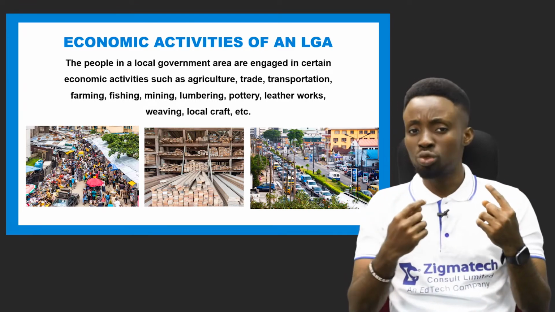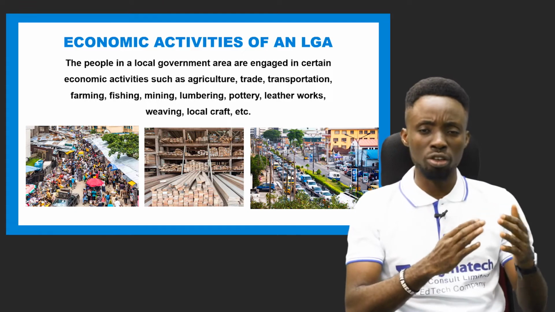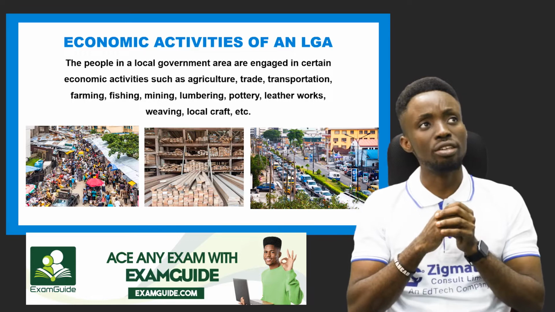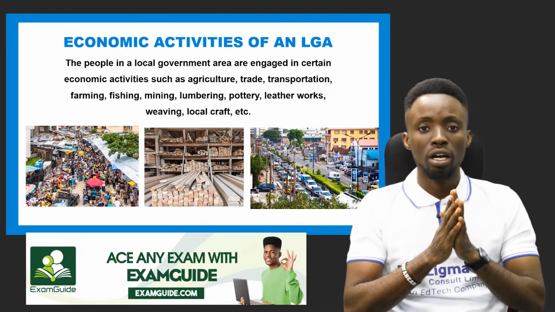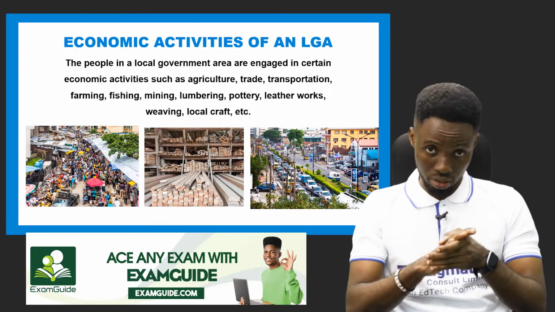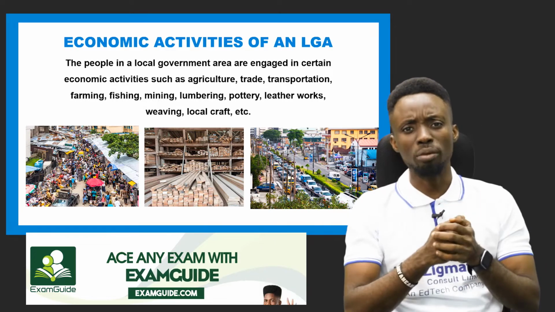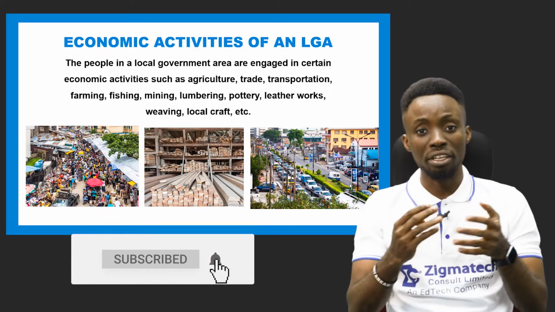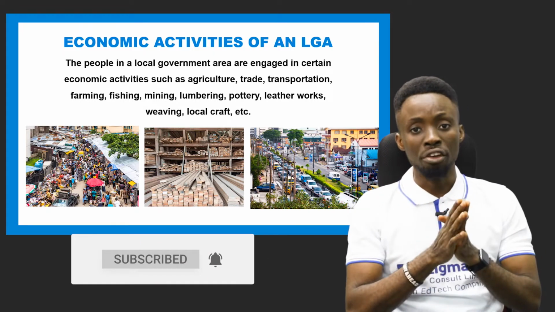And talking about the developed local government areas we have in Nigeria, let's say for instance Ikeja, Obio-Akpor local government, Port Harcourt City local government, Kaduna local government, or the Garki area of Abuja.